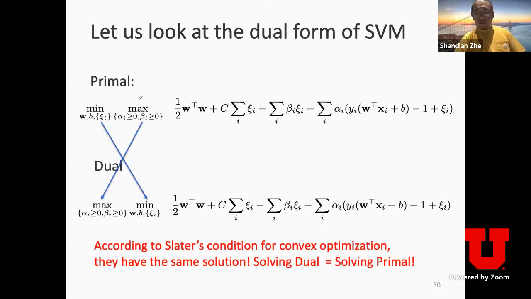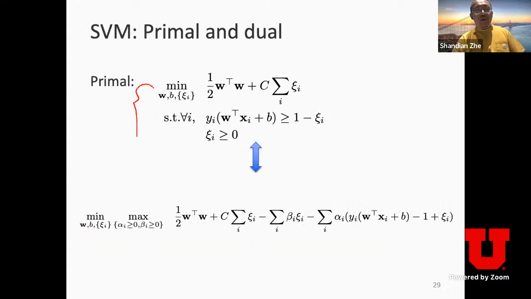Remember, this is our formulation of soft SVM. Our objective is half of the squared norm of W plus a summation of a set of slack variables. And the C here is a positive constant, which indicates the trade-off between the large margin principle and data fitting.